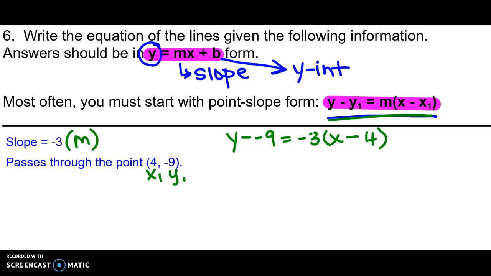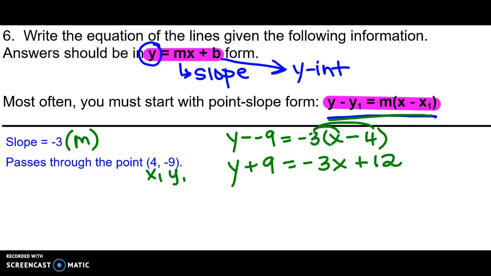Before we do that, though, we do need to distribute the -3 into this set of parentheses here. Also, don't forget that minus negative can just be simply written as +9. Equals, now when we distribute, we get a -3x, and we get a +12 because we have a negative times a negative.